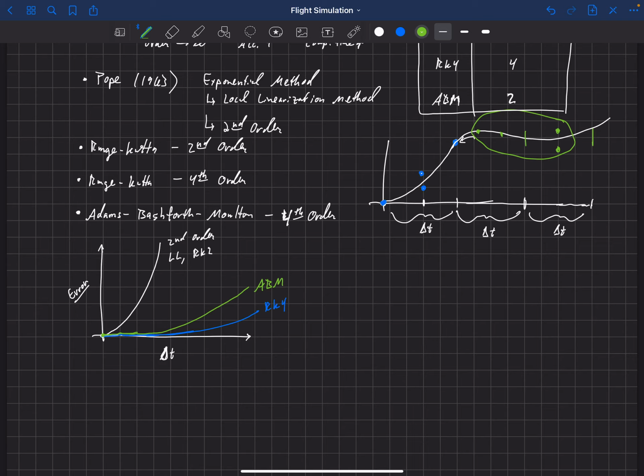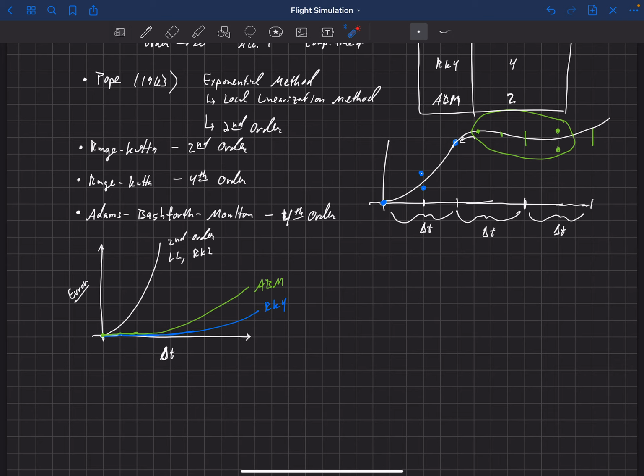Okay, so ABM method is a little bit less accurate. It's still fourth order, but because, remember, it's using information from the previous time steps and only 2 points of information within this time step here, the accuracy is just a little bit less than the fourth order RK4, for the same size of time steps. But the fourth order RK4 requires 4 calls per time step, and ABM only requires 2 calls per time step.